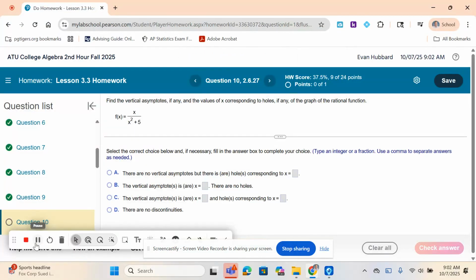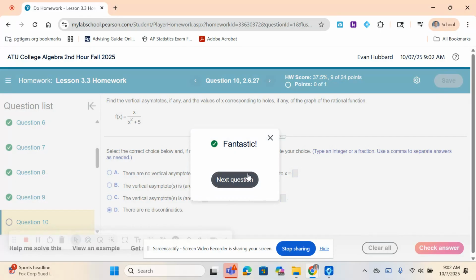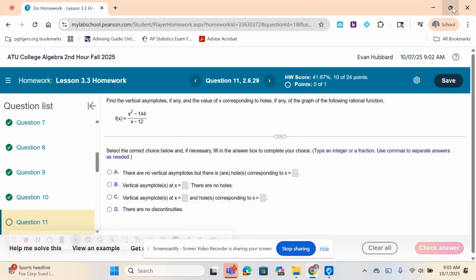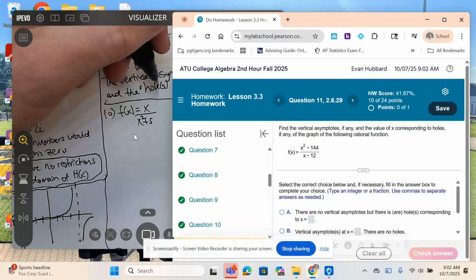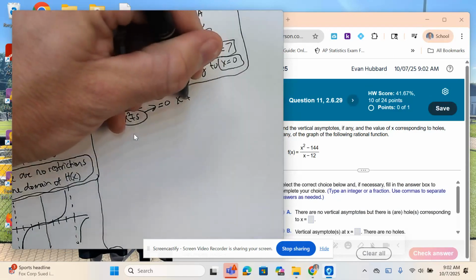10. Find the vertical asymptotes and holes. On this one, if you ever have a squared quantity plus a number, the bottom can never be 0. So there's going to be no discontinuities on this one. I'll prove it to you on this paper. If you set the bottom equal to 0, x squared plus 5 equals 0.